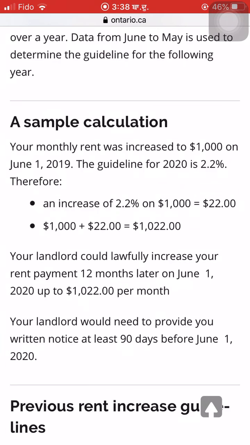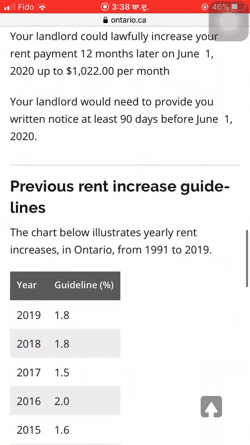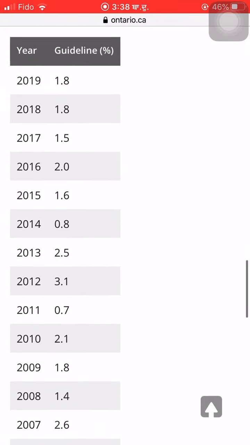So if your landlord says your rent will increase by 5,000 or 1,000 or 2,000, no, it's not like that. You have to calculate as per the percentage given by the government. Don't just pay the rent before knowing your rights. Be alert and check the guidelines given by the government.